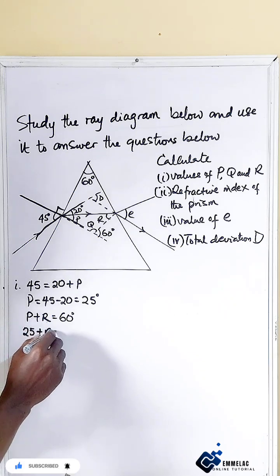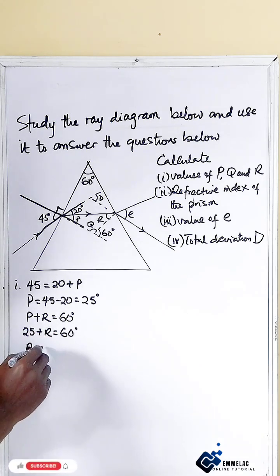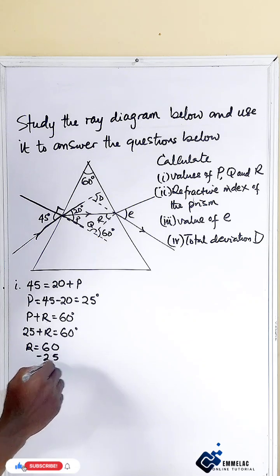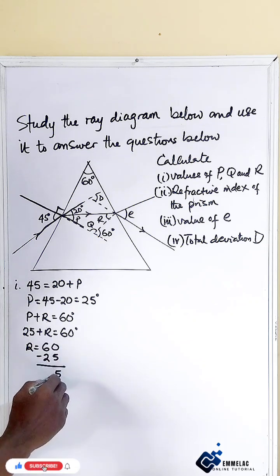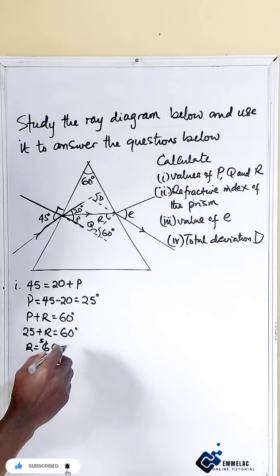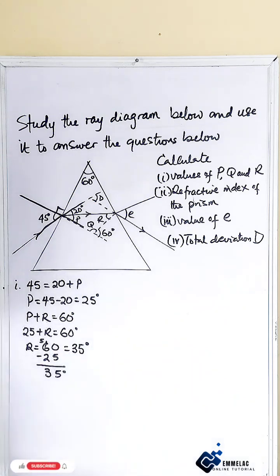Plus R equals 60. Then our R will become 60 minus 25, which should give us 35. So our R equals 35 degrees.